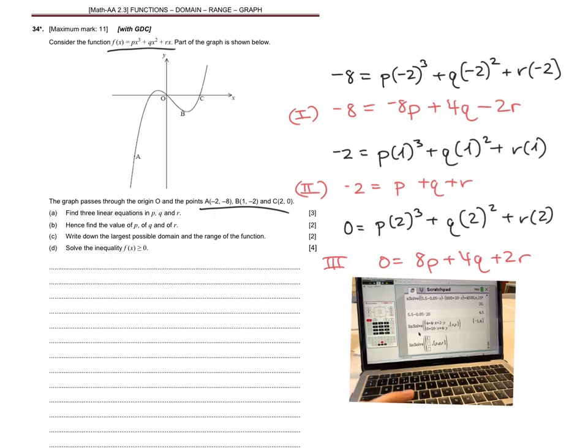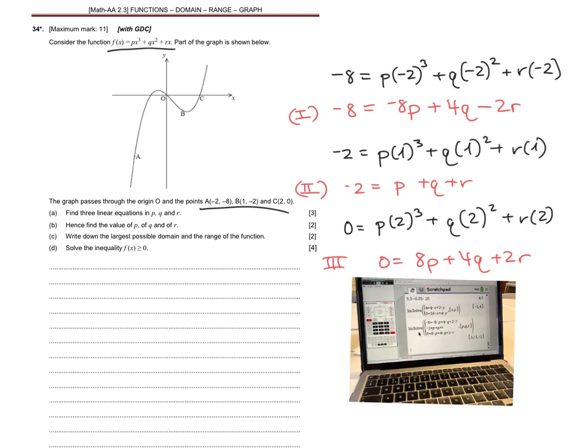So we're going to have negative 8 equals negative 8P plus 4Q minus 2R. And then we've got negative 2 equals P plus Q plus R. And we have 0 equals 8P plus 4Q plus 2R.